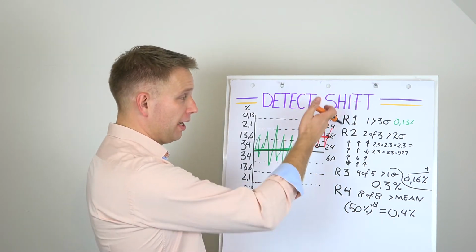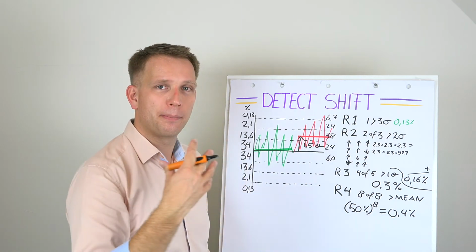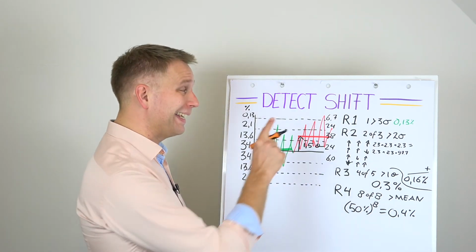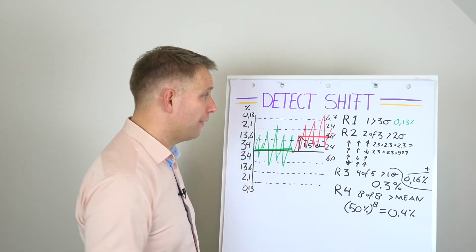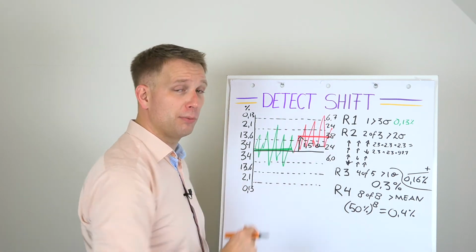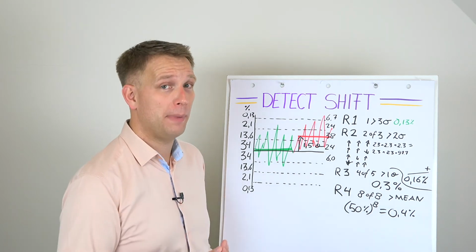Well, it is 1.5 sigma from the center line. So that is a much more probable thing to reach. In this case, that is a correct triggering of the rule. In fact, this 6.7% means that there is still more than 90% chance that we will not find it, at least not with one measurement.